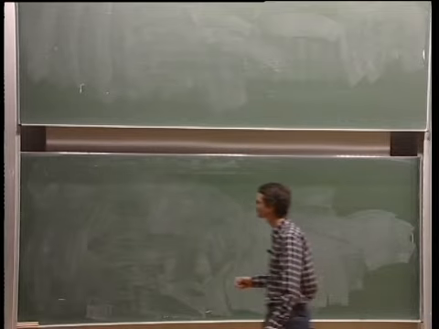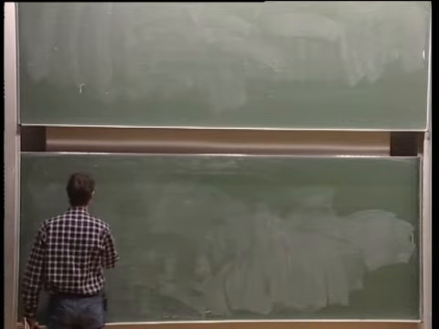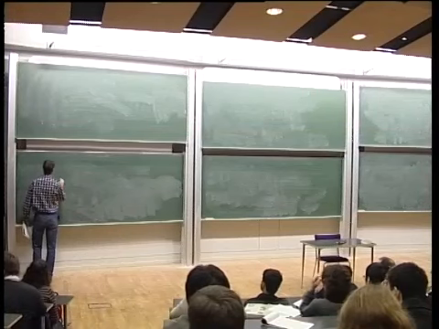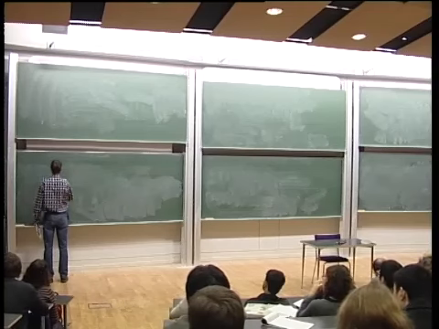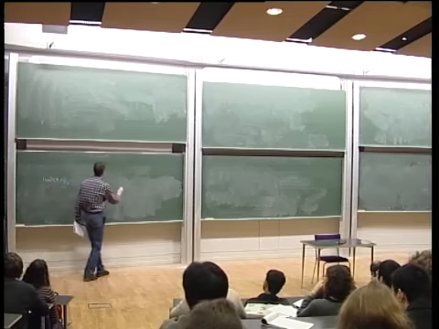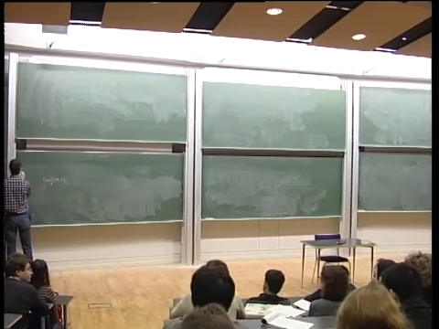So just put up the general picture again. We have our character variety here on this side. Let's fix the topological invariant.